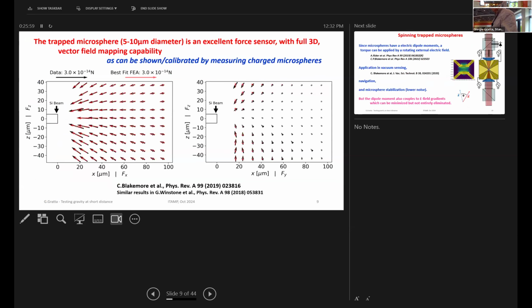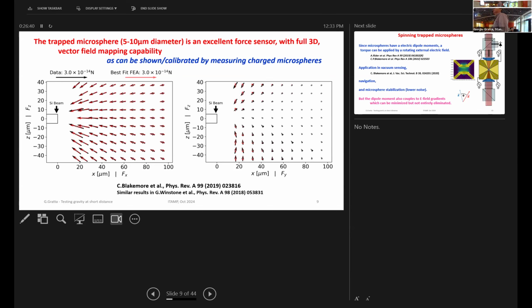This thing works well, at least qualitatively. For instance, you can test it by deliberately putting one electron charge or a few electron charges on a microsphere, and then biasing electrically the cantilever that would provide gravity. When you do that, and in this case you're not moving anything, or you're scanning slowly, you see that you're measuring the vector field in 3 dimensions, the 3 components of the vector field in space, and you're checking that indeed everything points down to where you expect it.